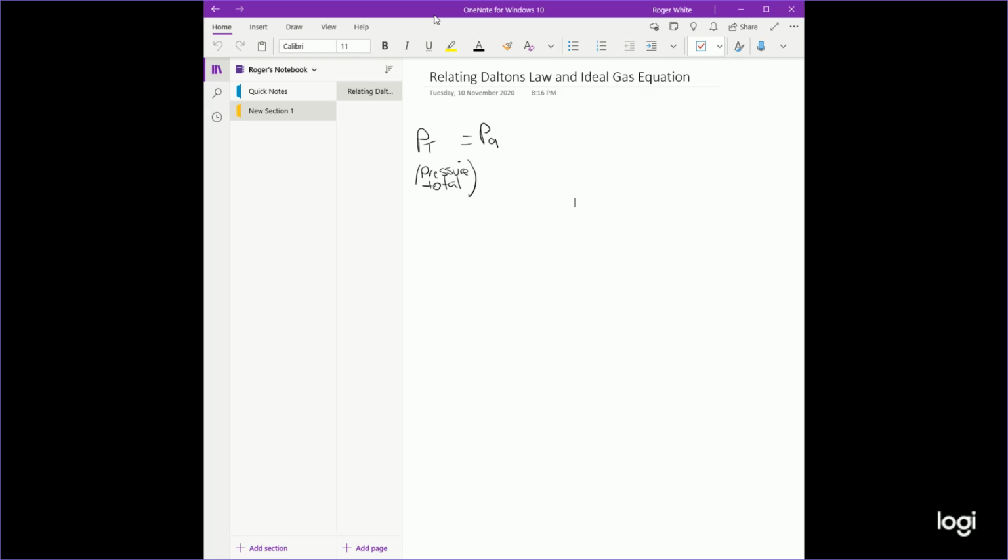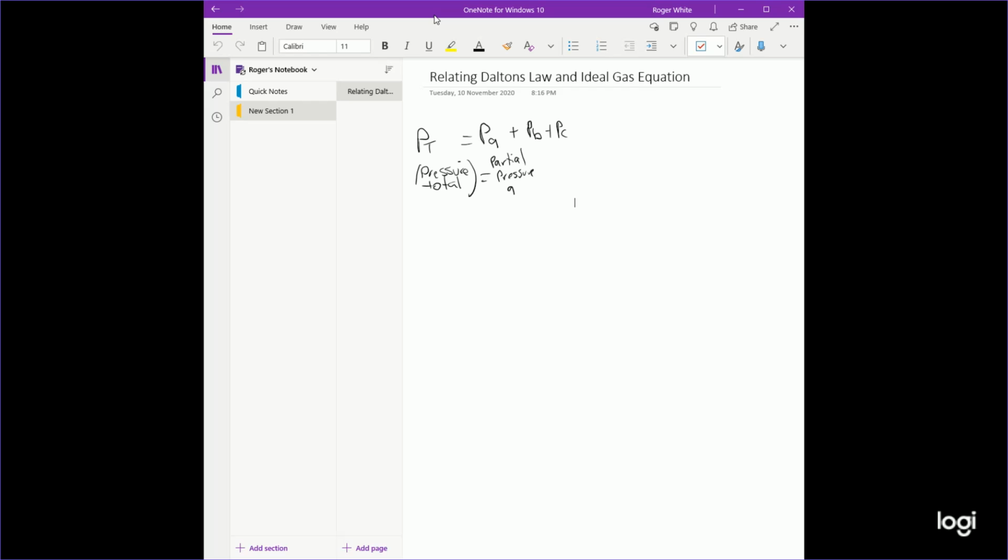That could be oxygen, could be nitrogen, whatever it is. So that equals partial pressure of A plus partial pressure of B plus partial pressure of C, and so on. So the total pressure basically equals the sum of all the pressures of each different molecule.